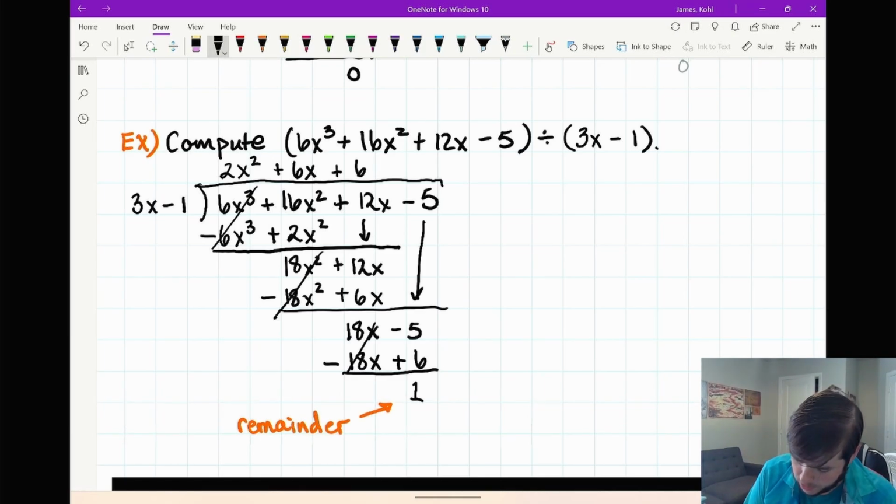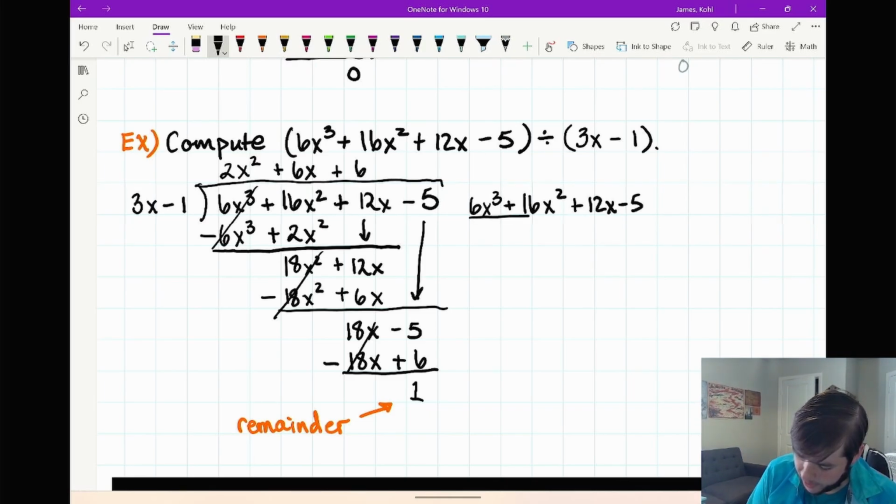This tells me that I can factor out a copy of 3x minus 1 from this big cubic polynomial.